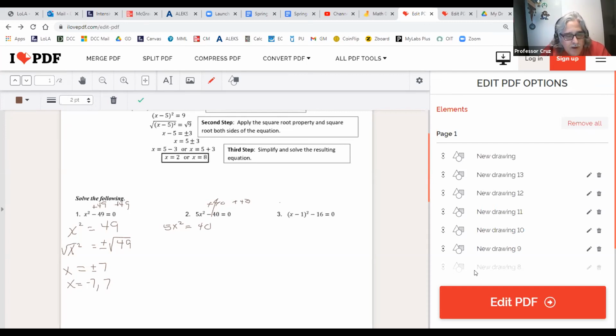What's on the right hand side really doesn't matter. And the problem here is that the 5 is not a perfect square.